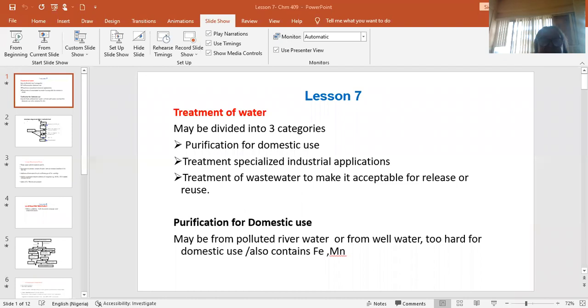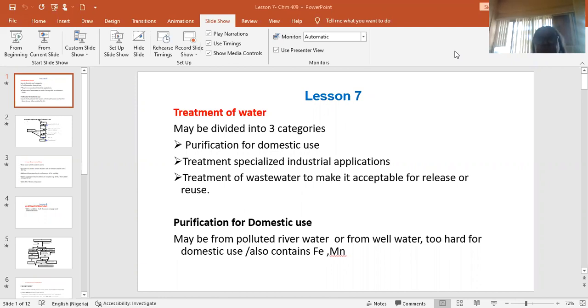We also want to look at treatment of specialized industrial applications. I think the last time I spoke about when you want to produce sugar. In the process of producing sugar, you heat up. Then, to a large extent, you have to remove the heat.